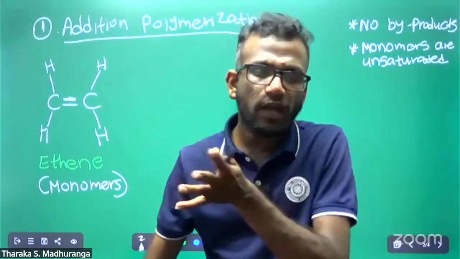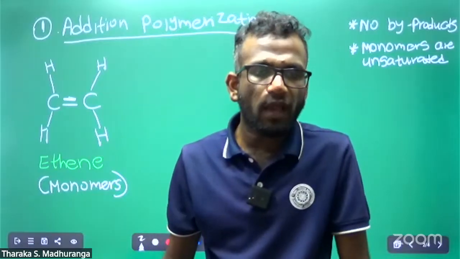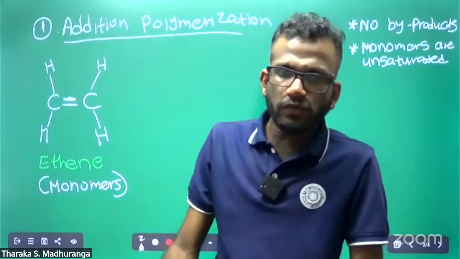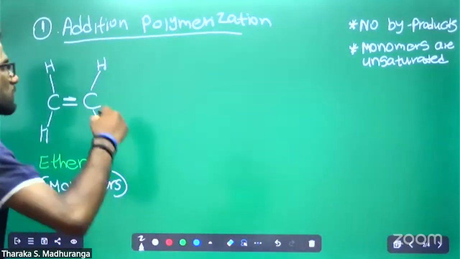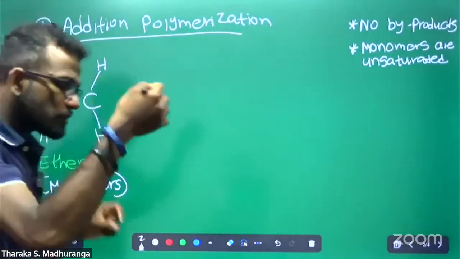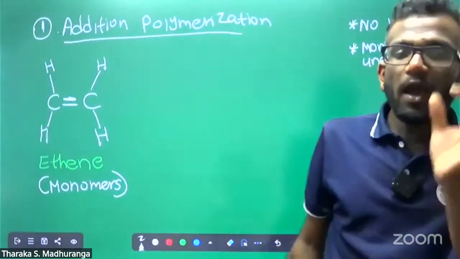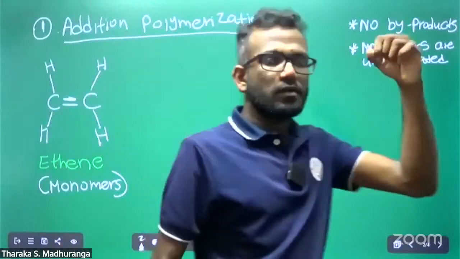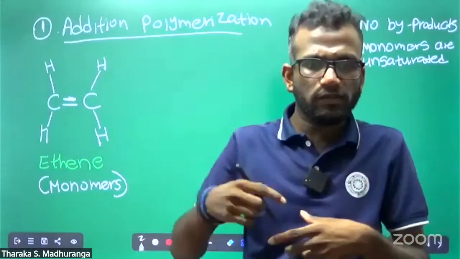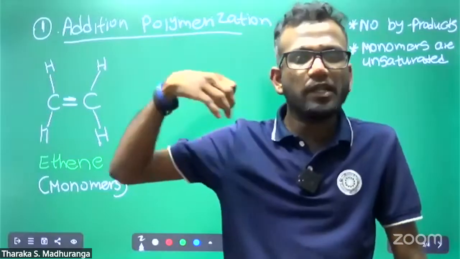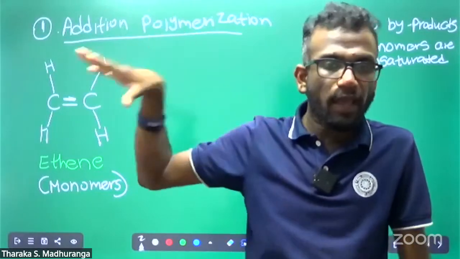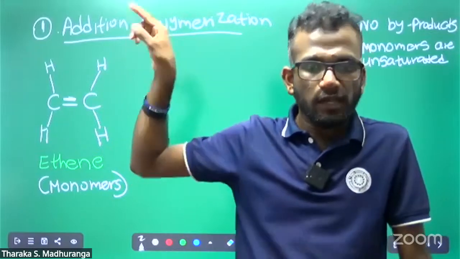That's similar here. In addition polymers, monomers are unsaturated, meaning they have double bonds, normally not triple bonds, and therefore don't have the maximum number of hydrogens.